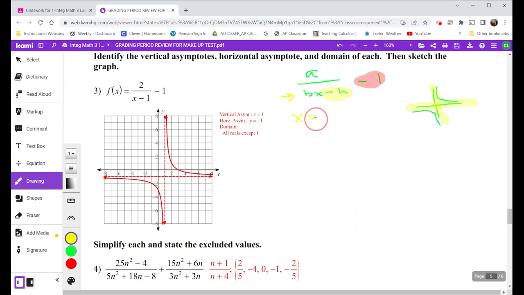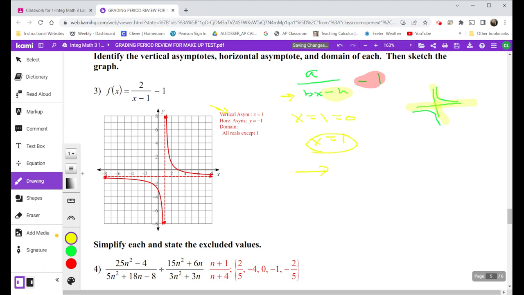So x minus 1 equals 0, x equals 1. So I'm going to move this one to the right 1. And that's why my vertical asymptote right here is at 1.